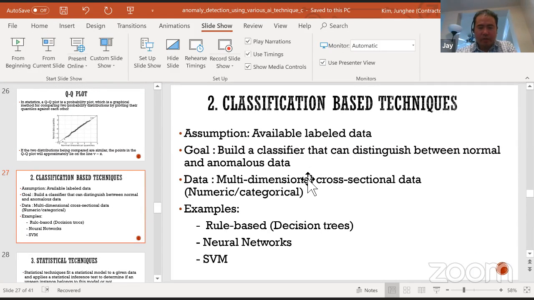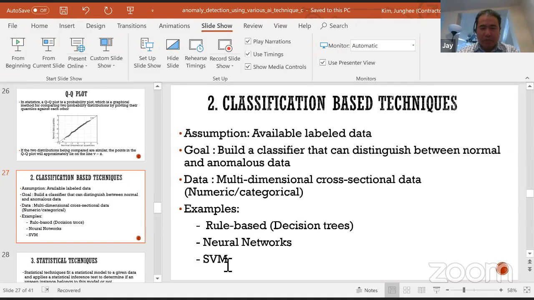Then classification, which I explained a little bit earlier. There are many different ways of classification, right? Rule-based, typically decision trees, and neural networks, which are very popular nowadays. In many companies or work projects, neural networks are very accurate in some ways, but they need enough data and compute power, right?